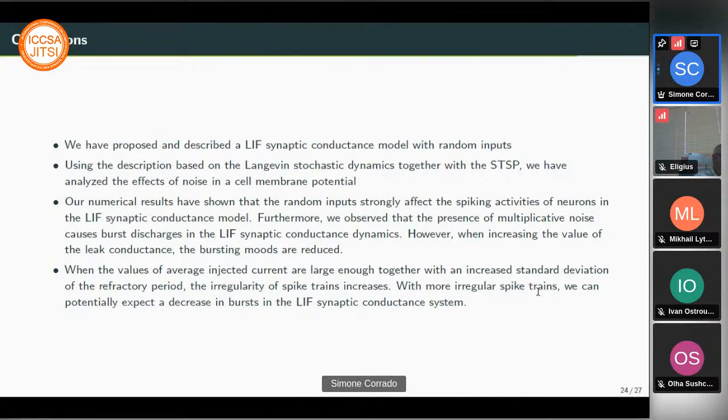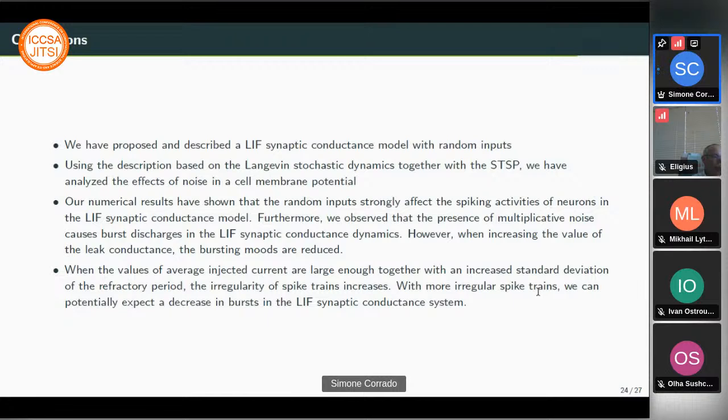Using this description, we used Langevin's stochastic dynamics framework, and we also incorporated short-term synaptic plasticity in this leaky integrate and fire model and analyzed the effect of noise on the cell membrane potential. Not only additive and multiplicative noise, but you recall that a random refractory period has also been incorporated in this system.